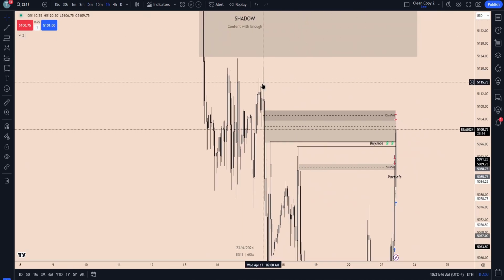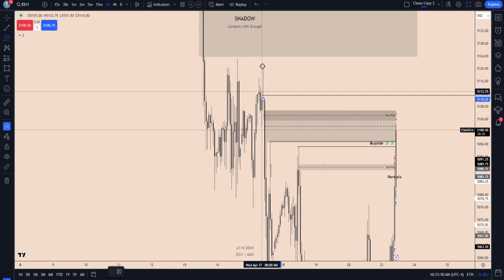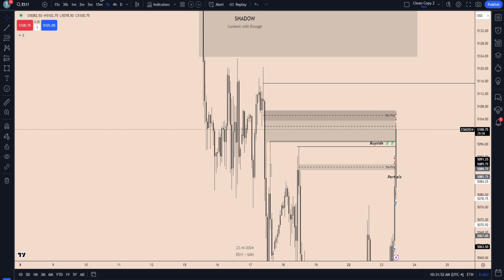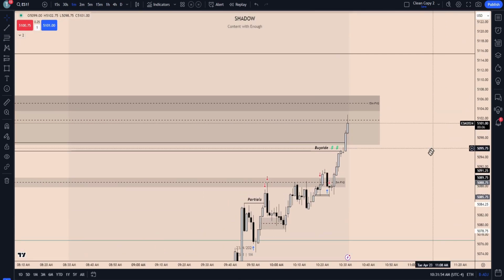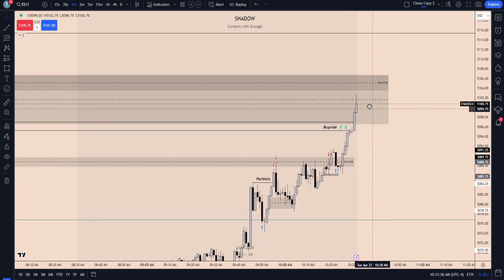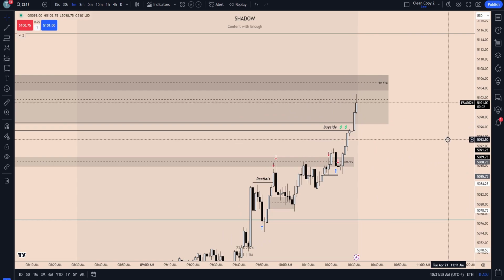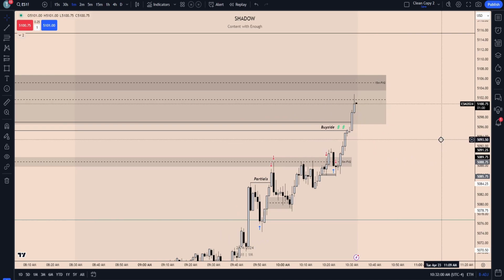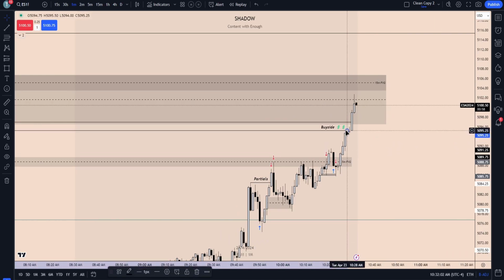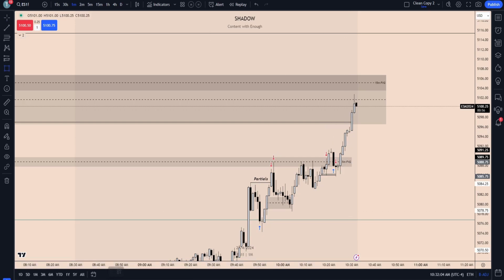What we can do is take this wick, get consequent encroachment of that wick. That's another target. So yeah, especially, let's see how we close here. Okay. So we close both buy sides. Yeah, I definitely would expect that that holds us, to be honest.